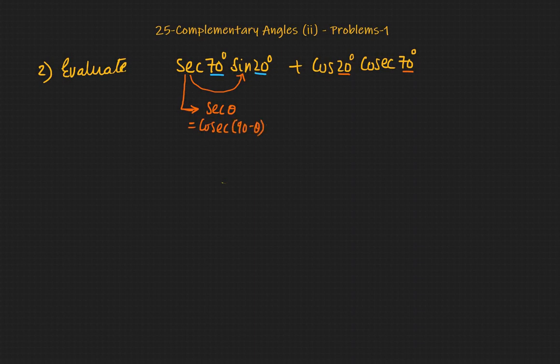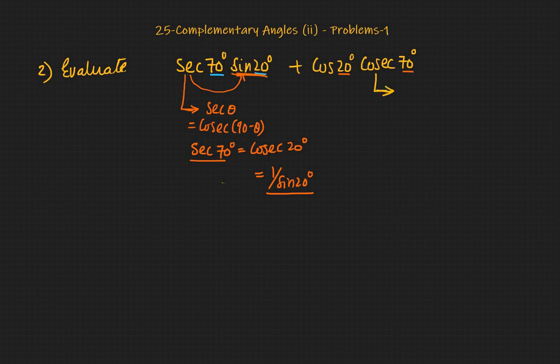In other words, we know that secant 70 would be equal to cosecant 20, and cosecant 20 is nothing but 1 by sine 20. So straight away we have found our relationship to the sine 20. So we can write our secant 70 as 1 by sine 20. And similarly, let's try to find out the relationship for cosecant 70.